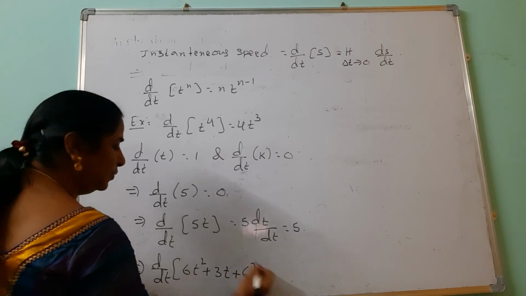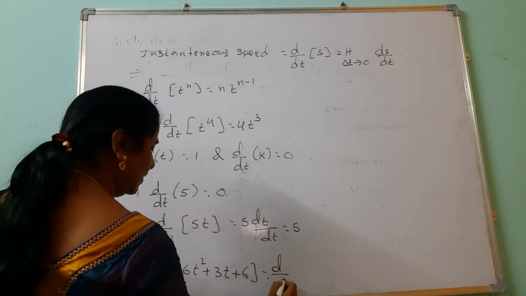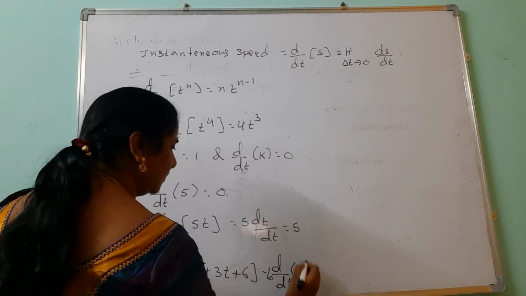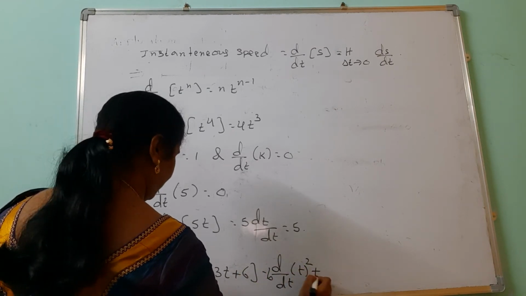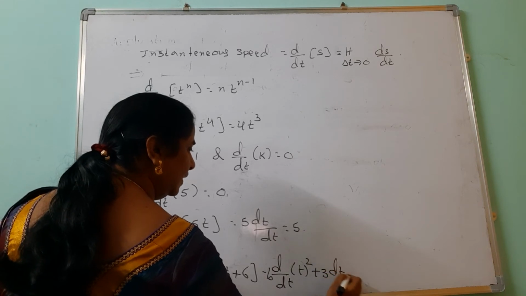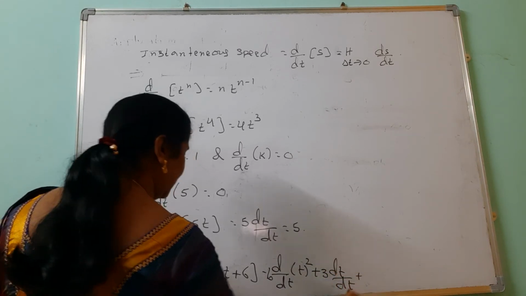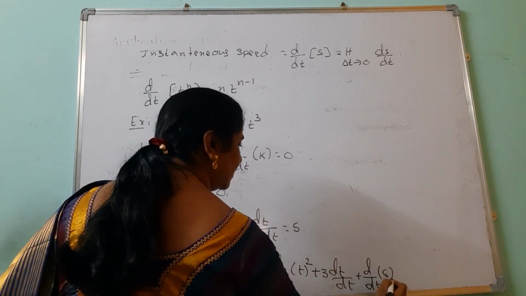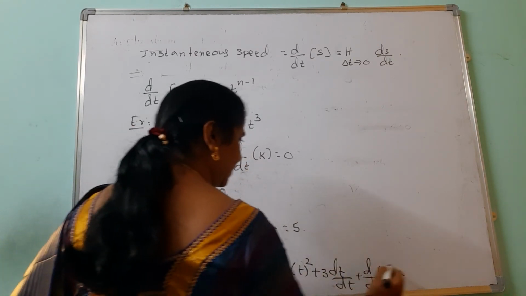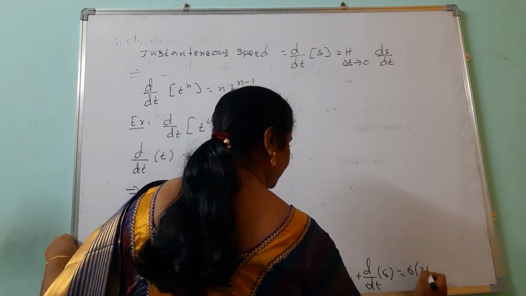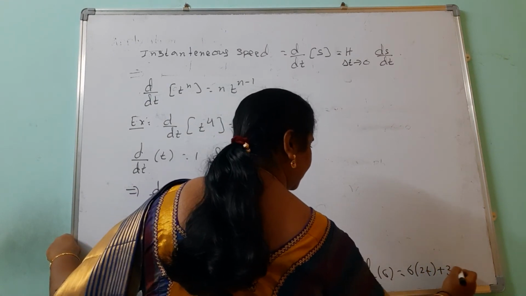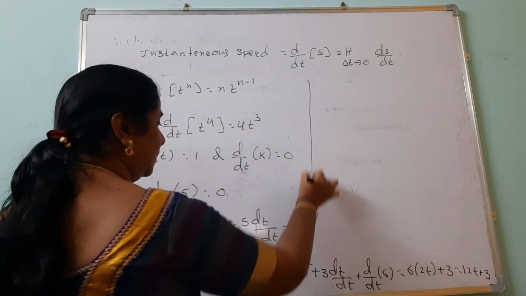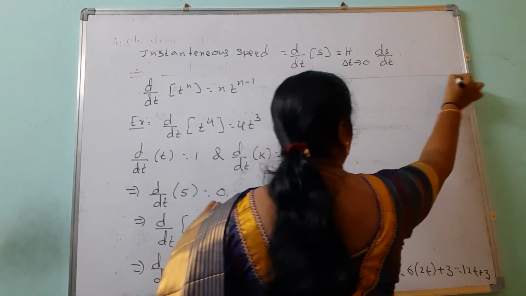How to do the differentiation of this? d by dt of 6, we write outside, t square, plus 3 into dt by dt, plus d by dt of 6. So this value, how much? 6 into 2t plus 3, that is 12t plus 3.